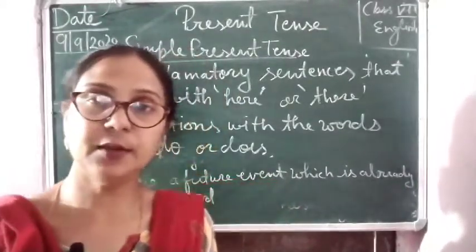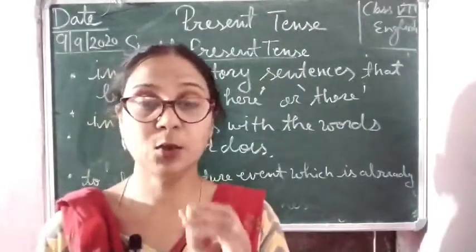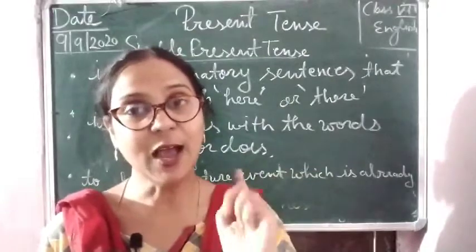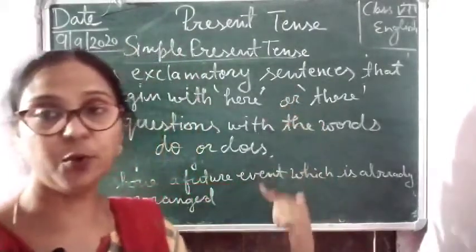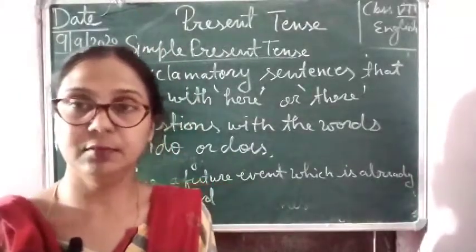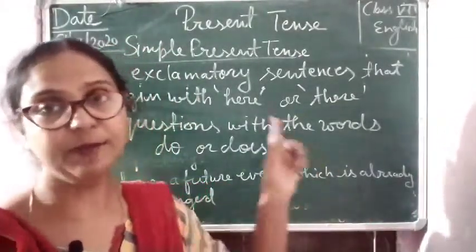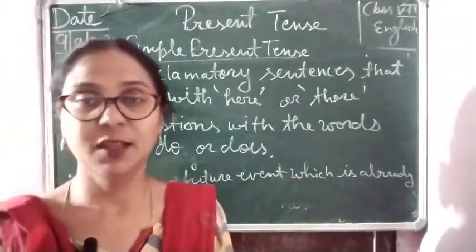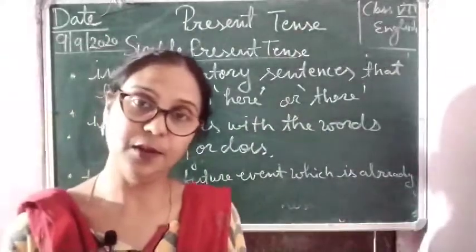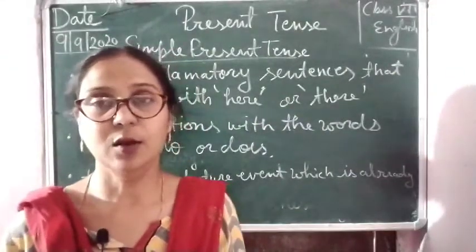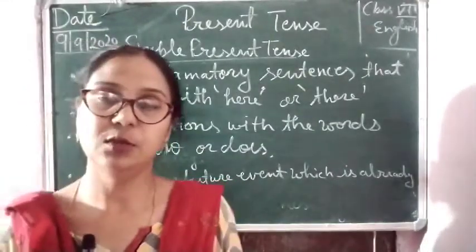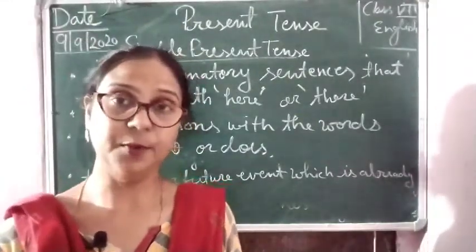So always remember, simple present tense is not only using s or es, but you have to be very particular about these points because now you are in the 7th class, so you have to learn these. These are the uses of simple present tense. Now we are moving to learn about the forms of simple present tense.